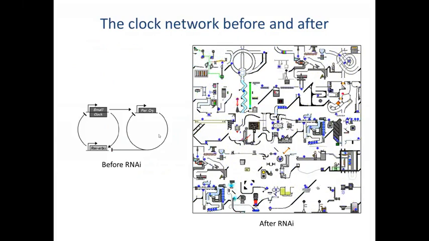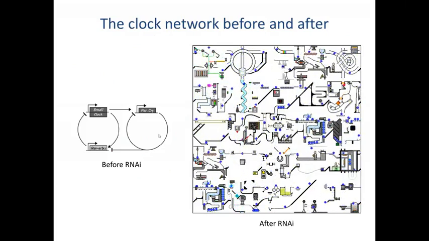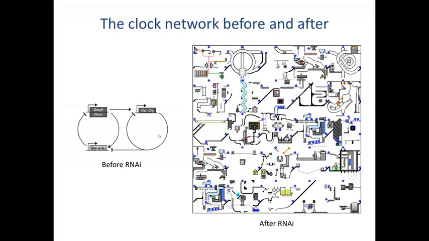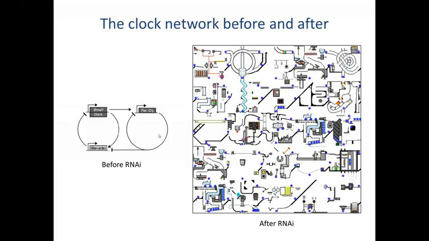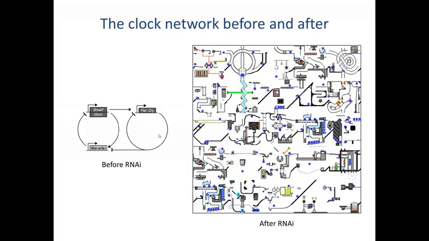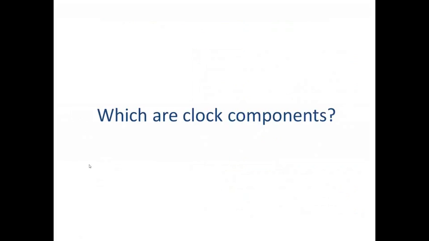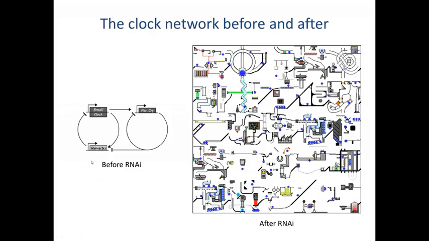So having this amount of data and this potentially rich set of new clock modulators complicates the biology. So before the RNAi screen, our picture of the clock was actually relatively straightforward.